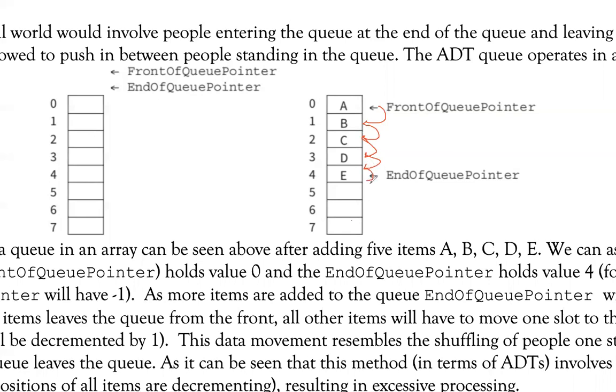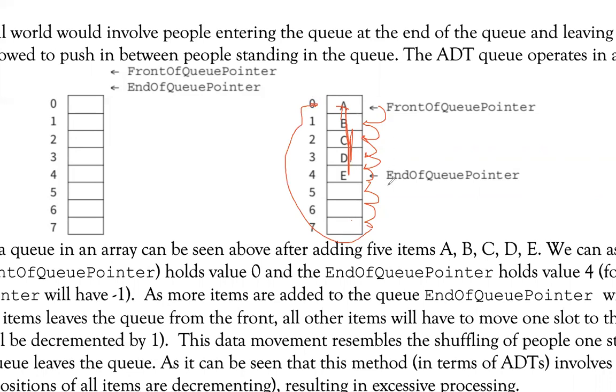So now let's just say that meantime, after E had left, more elements started adding to the queue. So that means after E, F came here and end of queue pointer moved here. End of queue pointer moved here after another element added. End of queue pointer moved here, another element added. Now see, if another element is added, even though all of these places are empty, since I have reached the end of my array, my end of queue pointer cannot go further down, in which case it will have to circle back, come up here.